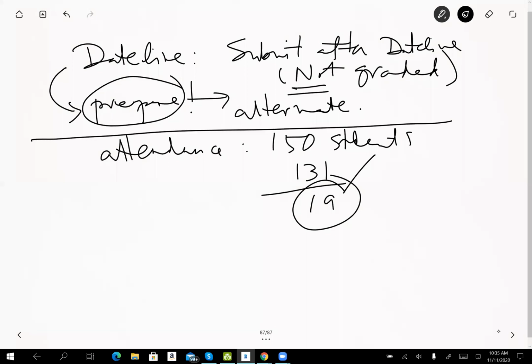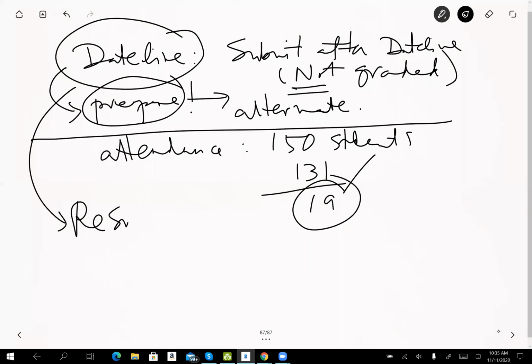So resubmit, okay? Resubmit today. The only people who need to resubmit are the people who already submitted before the deadline. So these are the only people who need to resubmit, and resubmit with the points.